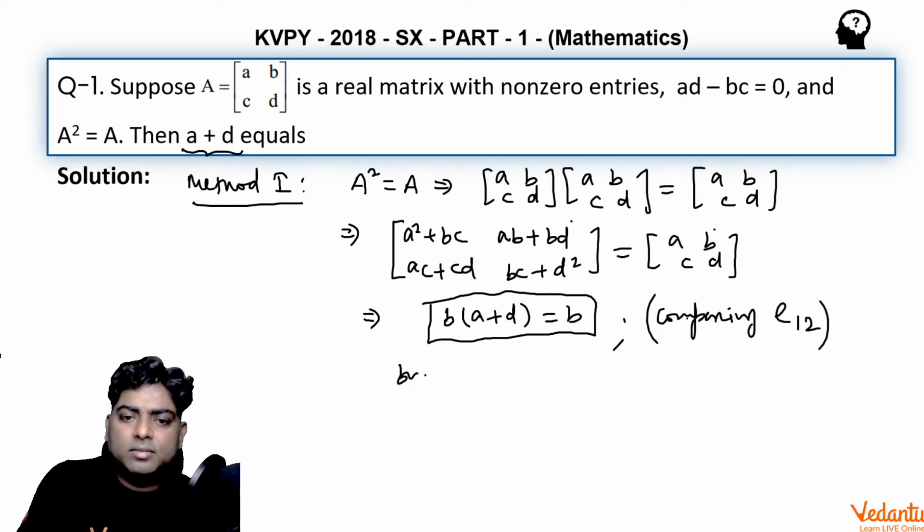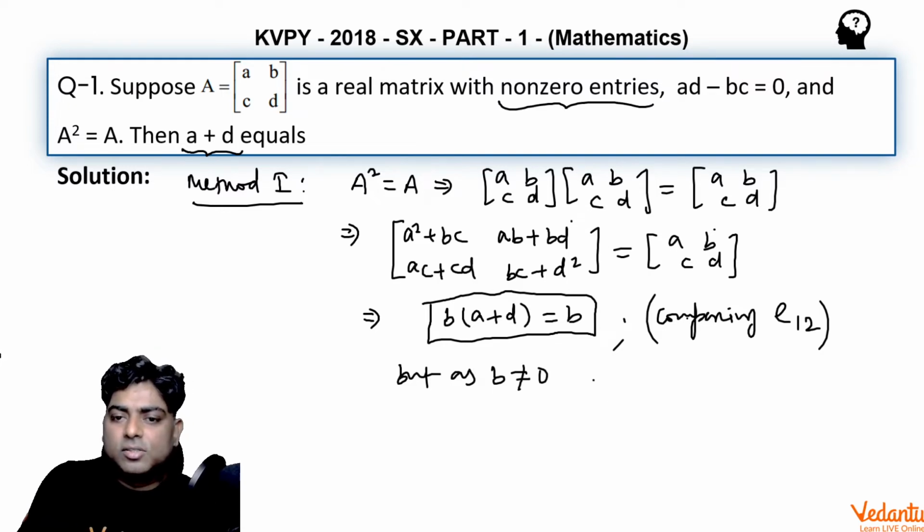But B is not 0 because the entries are non-zero. B is not 0, so we can cancel out B. So A plus D must be equal to 1.